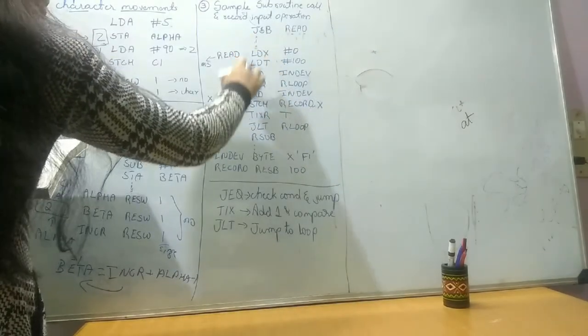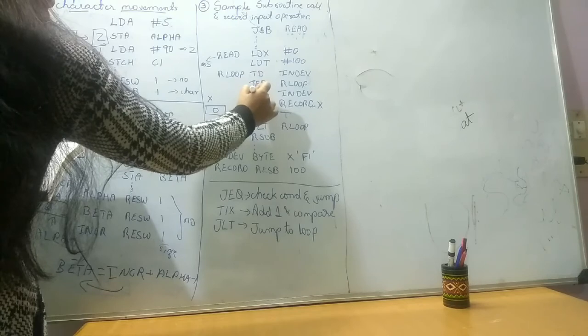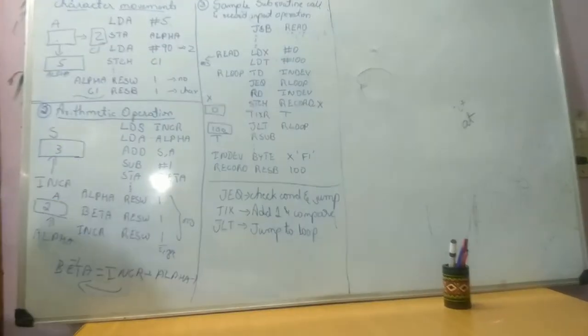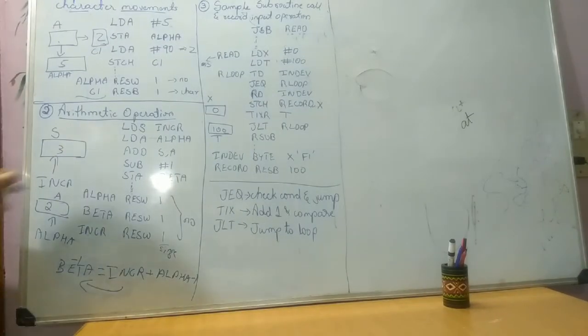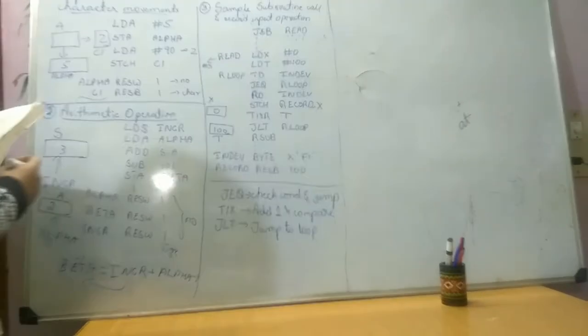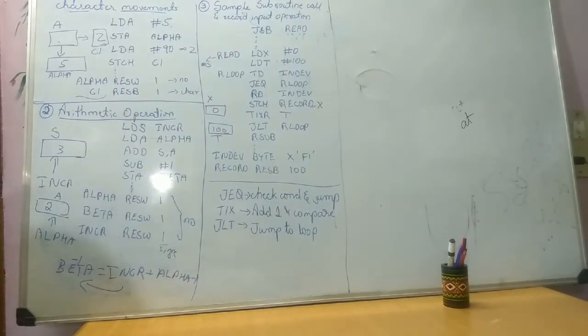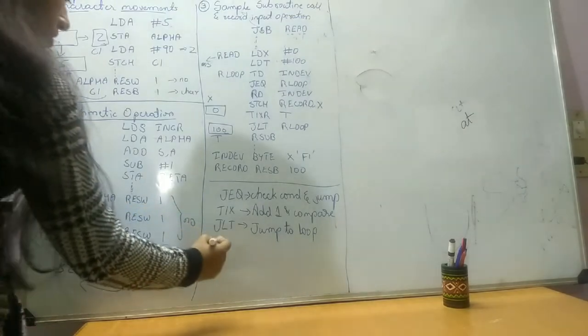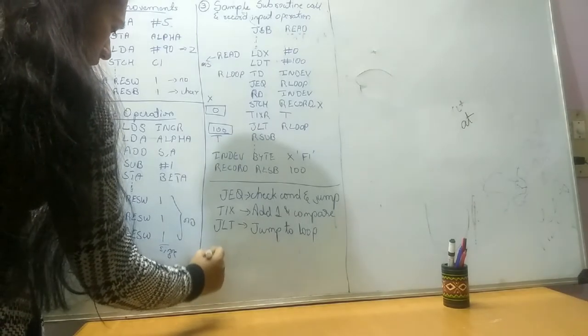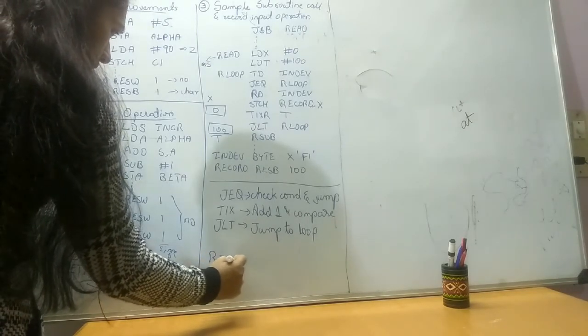When the device becomes ready, then it will come to the RD. RD is nothing but read device. Whatever is there in the INDEV device, we will read. And STCH stores the data byte into the record. What is a record?